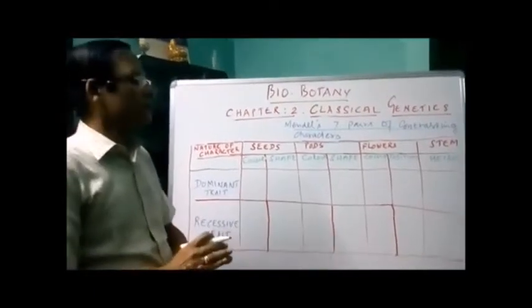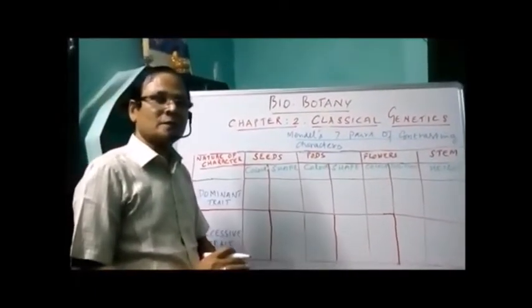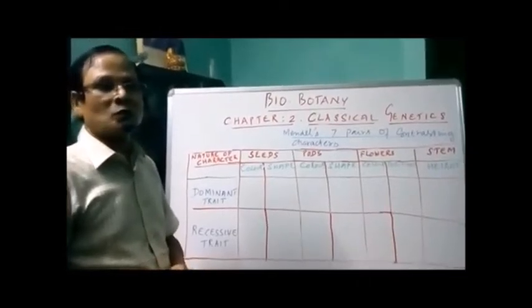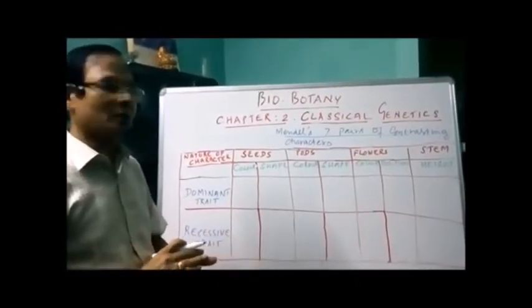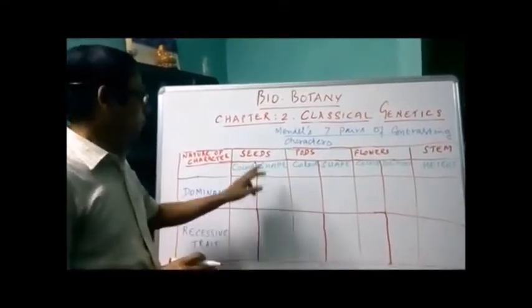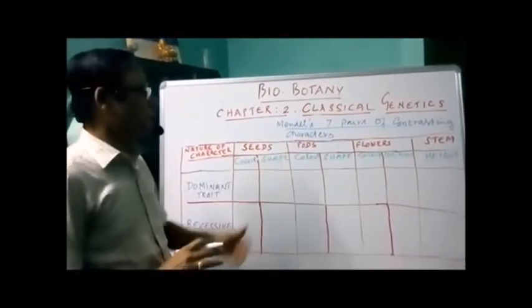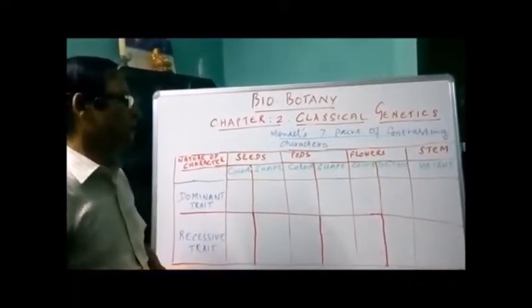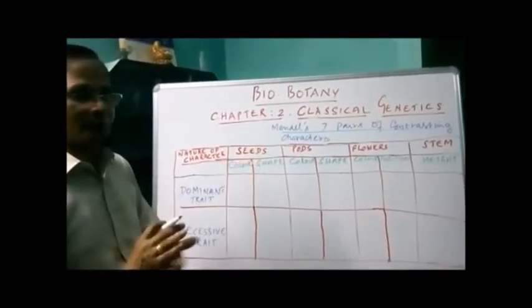Following are the 7 pairs of contrasting characters studied by Mendel for his experimental analysis, the plant hybridization method. He took traits related to the seed, the pod, the flower, and the stem.